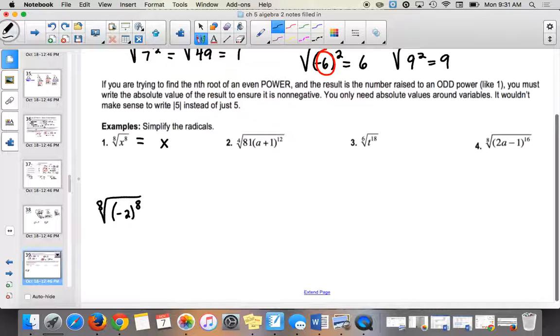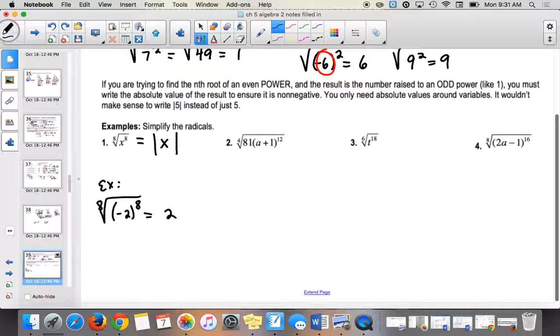X is unknown. X could have been negative 2. So when I simplified all this out, I'm going to get positive 2 out. So that's why I need an absolute value around that, because x could be positive or negative. We don't know what x is. X is an unknown value. So to indicate that we get the positive version out, always we put absolute values. So this next one, the 4th root of 81.